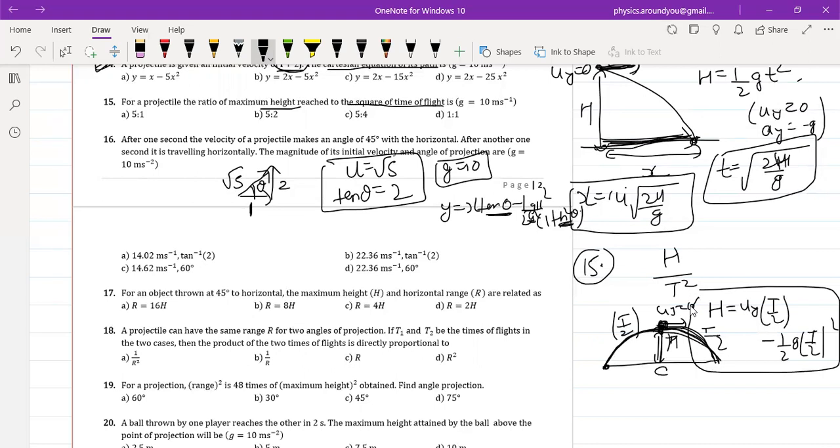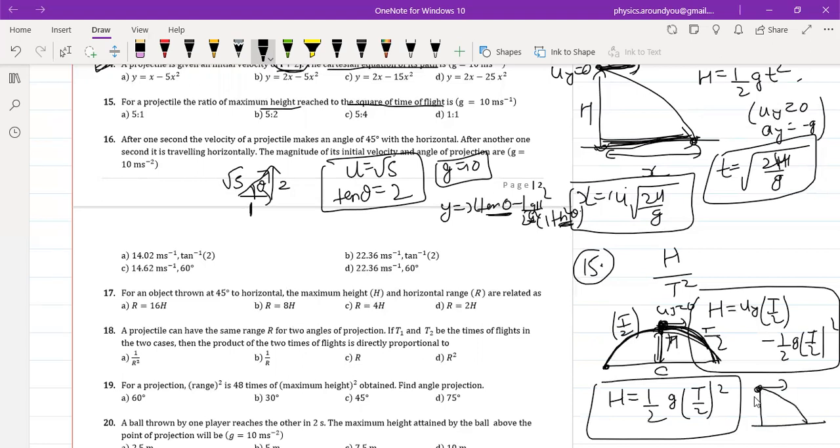So I can say this h, with uy equal to 0 if I take this point as a reference, is equal to half g (t by 2) whole square. I'm just comparing the time it takes for the projectile to reach the ground from the maximum height, which is nothing but half of the total time of flight.